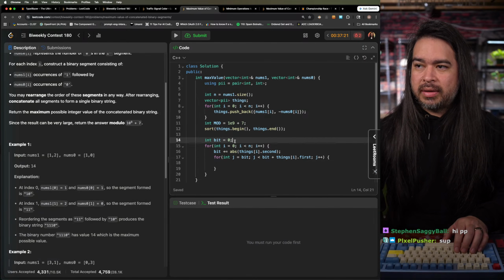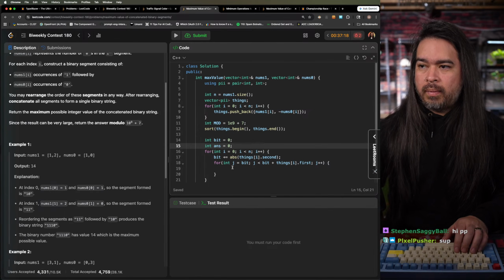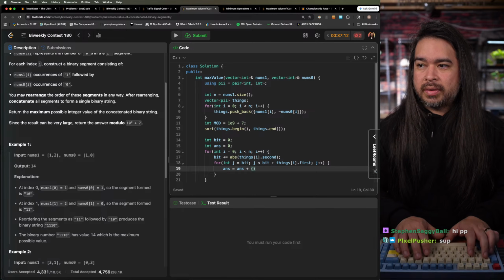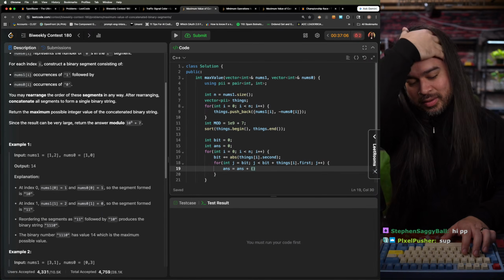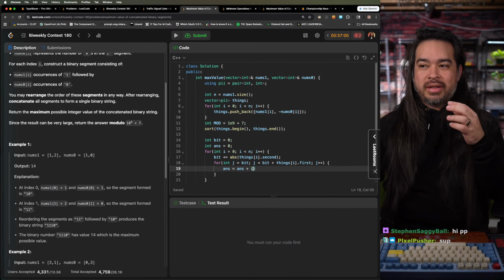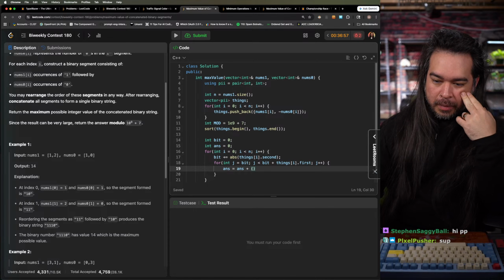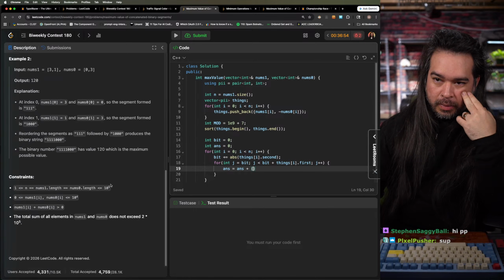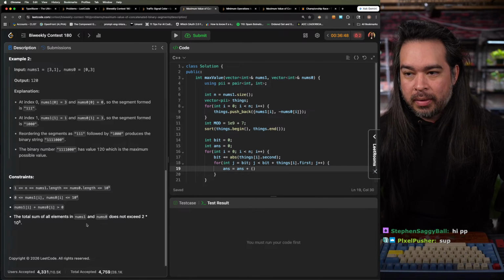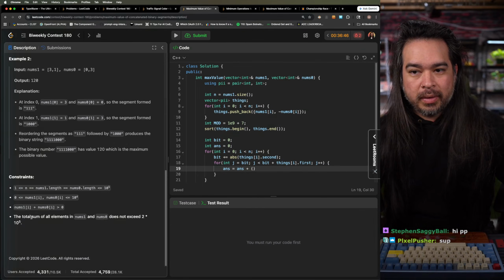And now we got to add, it's like ans equals plus, oh shit. Is this a mod pow problem, man? I don't know mod pow, man. Wait, let me read. The total sum of all elements in nums1 and nums2 does not exceed 200,000.